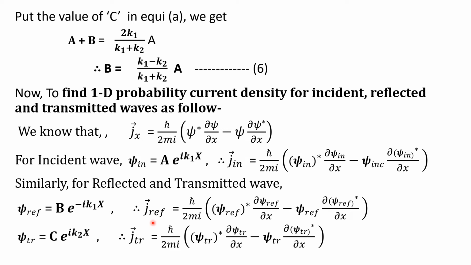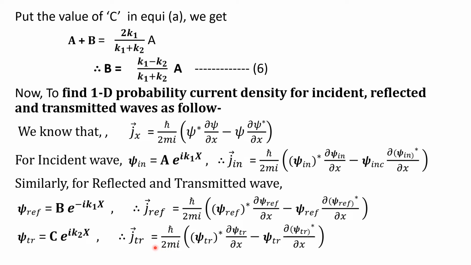Therefore the probability current density for the reflected wave and transmitted wave is given here. J reflection is h cross divided by 2mi into the bracket psi star reflection into dou psi reflection by dou x minus psi reflection into dou psi reflection star by dou x.